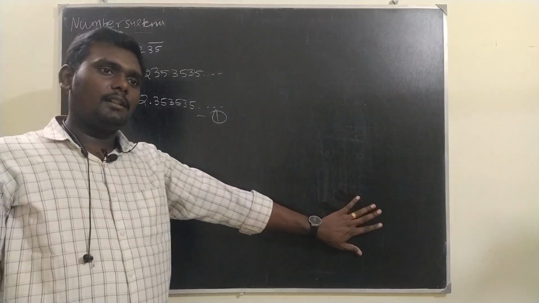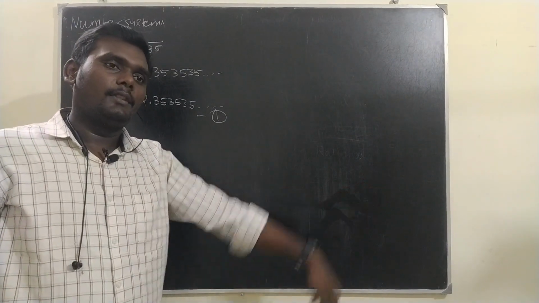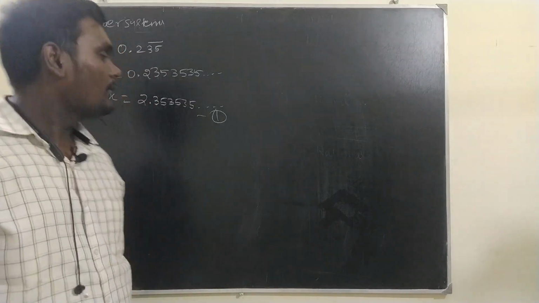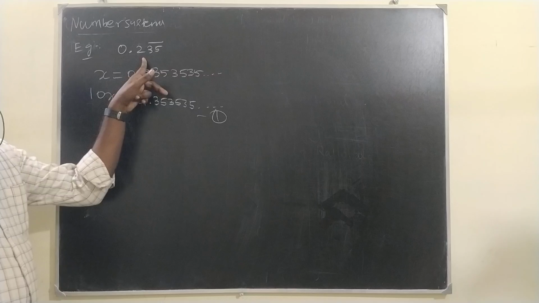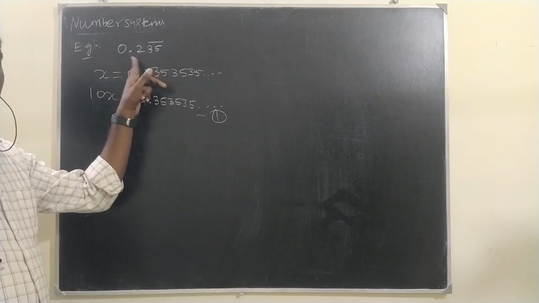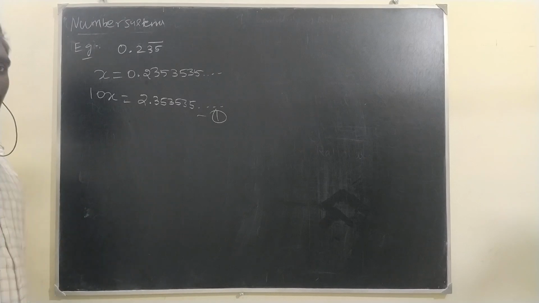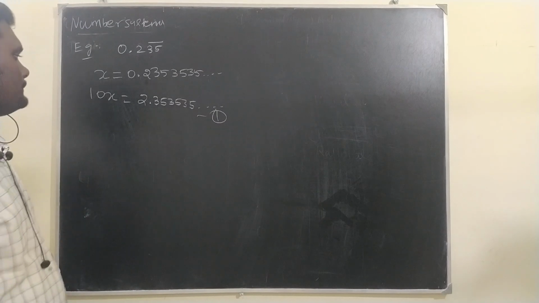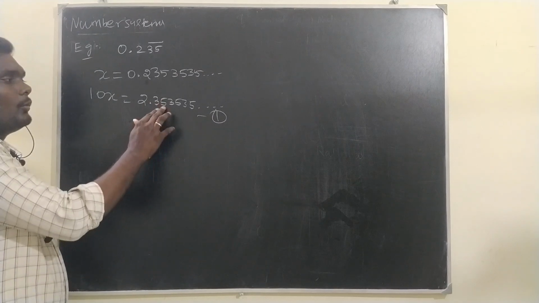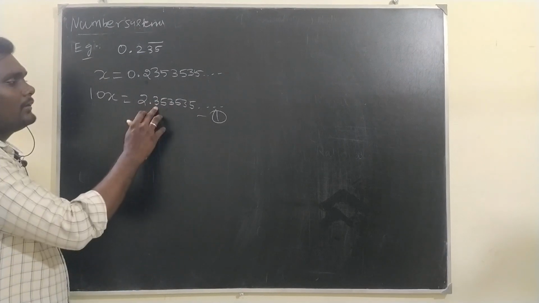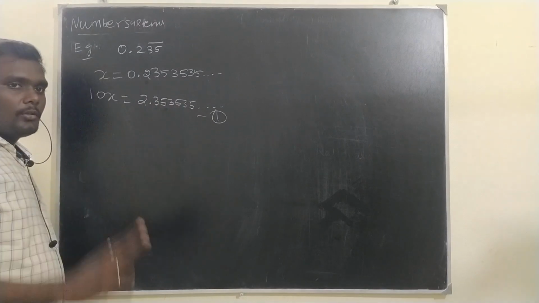Previously, whatever was initially given we took as x, equation 1. Here, the non-repeating number is brought to the front, and that alone we take as equation 1. Then the usual process: one block of repeating decimals should come to the front. How many decimals are repeating? 2 decimals.